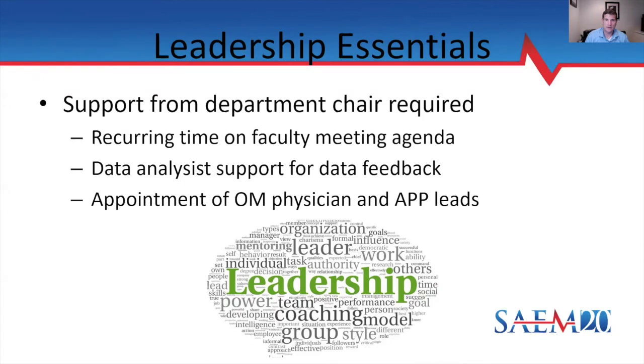And then, of course, nursing as well needs to have a strong voice in a leadership group. And so when I say leadership, typically that means giving some degree of protected time or a stipend to recognize the administrative work that goes on to lead an observation unit, and that requires the chief or chair to value that time and recognize it in that way.